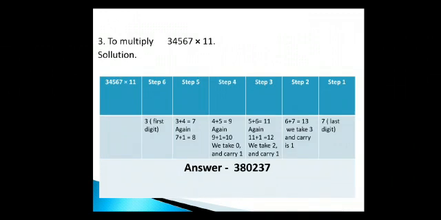Next example. Now we have to multiply 34567 into 11. So step first, we will write 7 as the last digit. Step 2, we add 7 plus 6, that is 13.